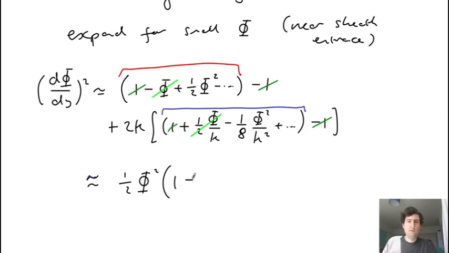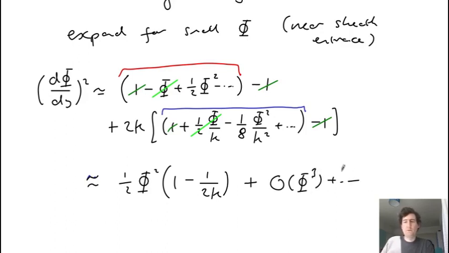Then we have a minus, so we have a 2, so that cancels part of that, so we get a quarter. I'm taking out another factor of 2 here, so we have a 1 over 2k. Plus anything of higher order, so terms which are of order phi cubed and higher order terms.